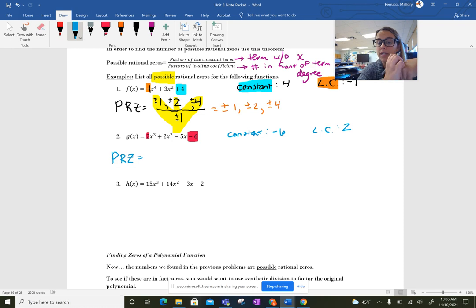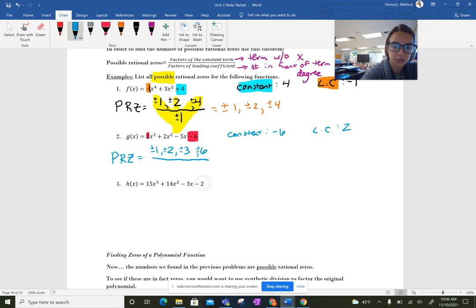So what we do is we take the factors of our constant, which just think of it as regular 6. So it's 1 times 6, and then 2 times 3. Those are all the factors of 6. So factors are like what divides into that number. And again, we put our plus or minus sign with each of these. Our leading coefficient is 2.